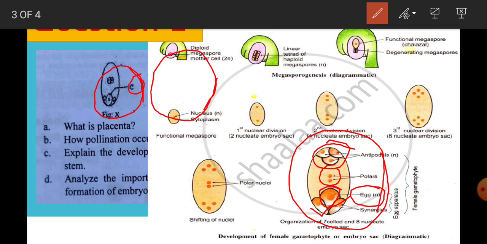So you have to describe this process with a labelled figure.